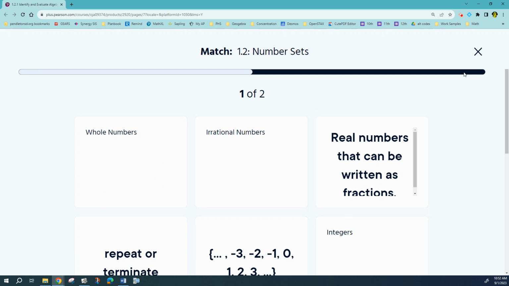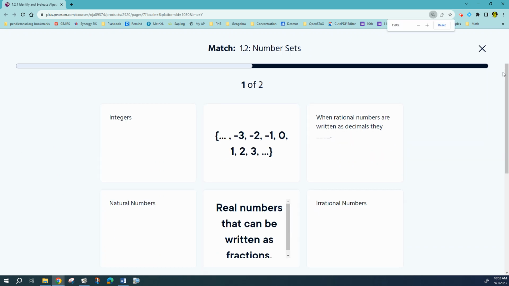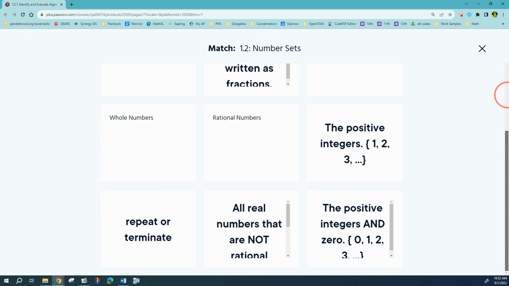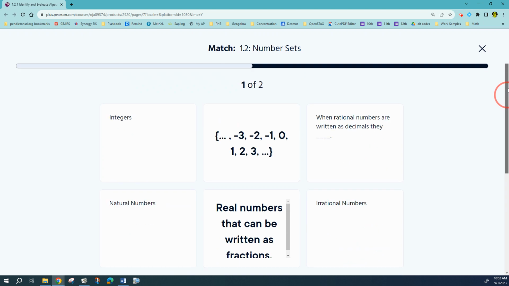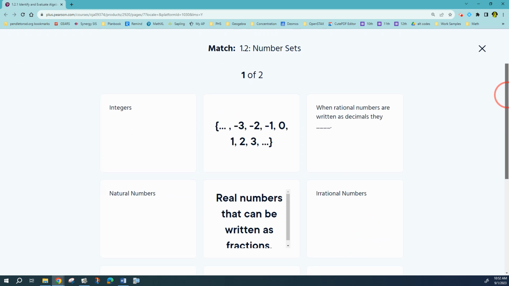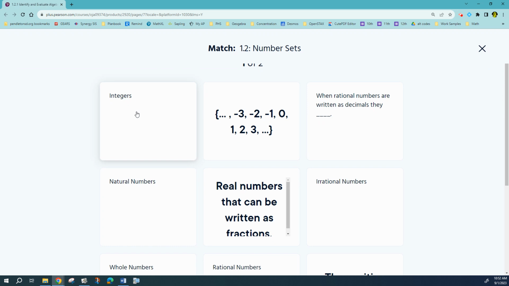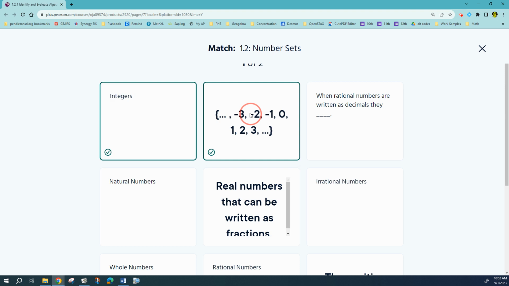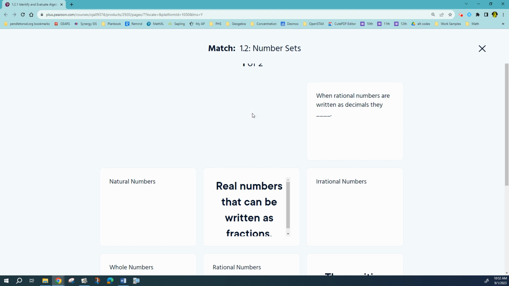Okay. So gotta figure out which one is going with. You see anything up there that I can click on? So that's the one we're trying to match. That definition, or that word with its match, is the next one, isn't it? Everybody see that? Okay. That's the set of integers, isn't it? Okay, good. Those go.